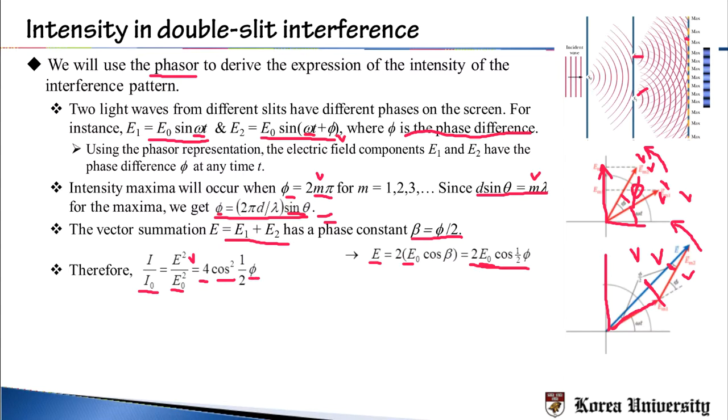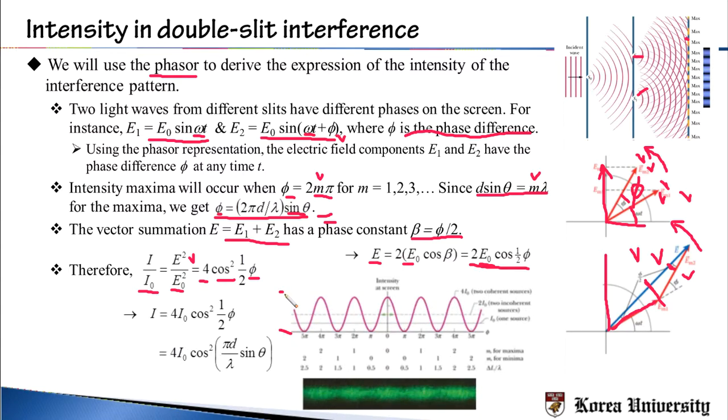What it means is that intensity will look like a cosine square function with respect to the phase angle. Cosine square will oscillate between 0 and 1. So 0 will be the position of the dark spot, and 1 will be the position of the bright spot or maximum intensity, and it will oscillate like this.